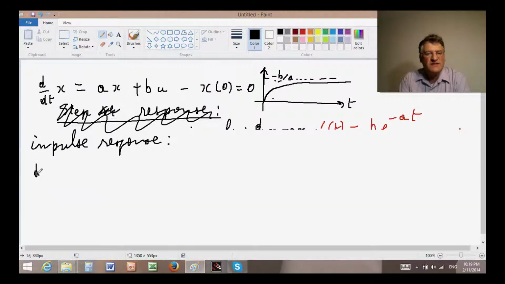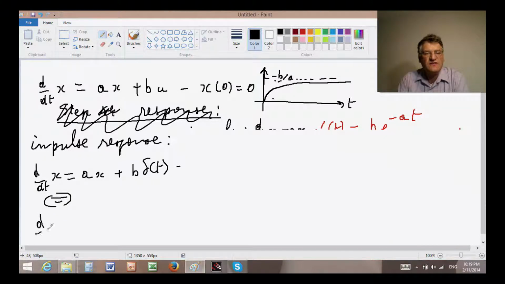Again, we said d/dt of x is equal to ax plus b delta of t. And we know that this is equivalent to saying that we're looking at the system d/dt of x equal to a times x with x of 0 equal to b.